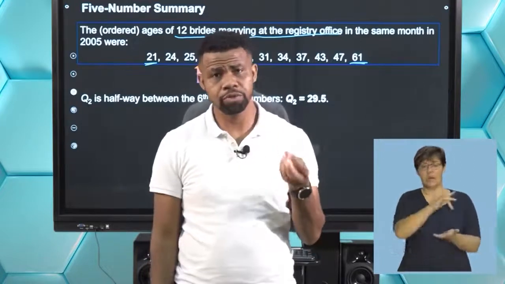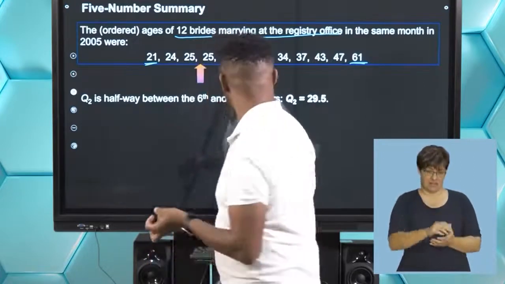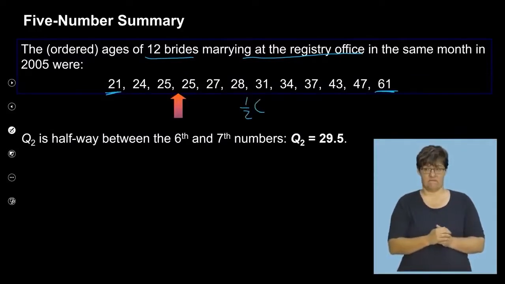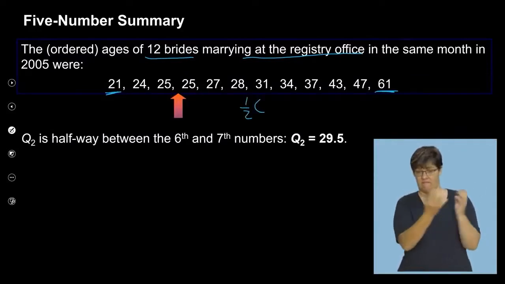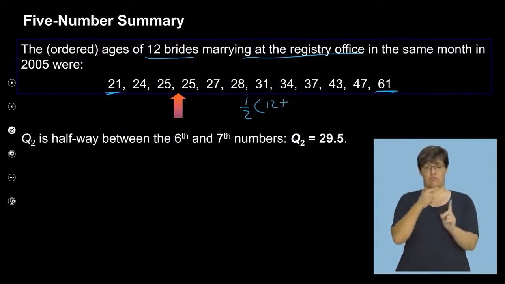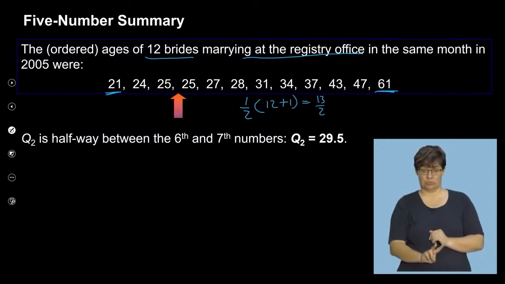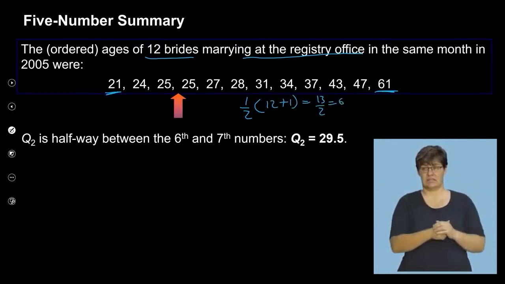Or what you can do, you find the position of the median. So the position of the median will be a half of n plus 1. What is the data set size? This is 12. 12 plus 1 is 13. 13 divided by 2 will give us 6.5. Then you count to 6.5.